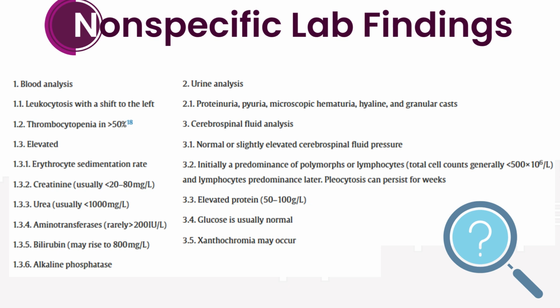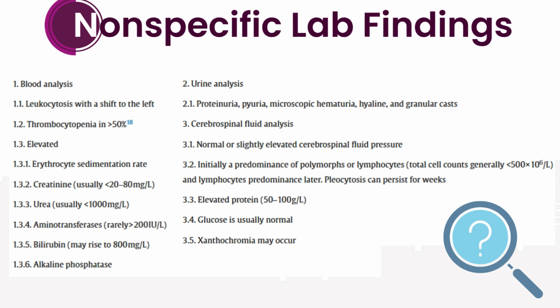Under blood, we have leukocytosis with a shift to the left, thrombocytopenia in 50% of the cases, and elevations in ESR, creatinine, urea, aminotransferases, bilirubin and ALP. In the urine, we can also observe proteinuria, pyuria, microscopic hematuria, and hyaline and granular casts.